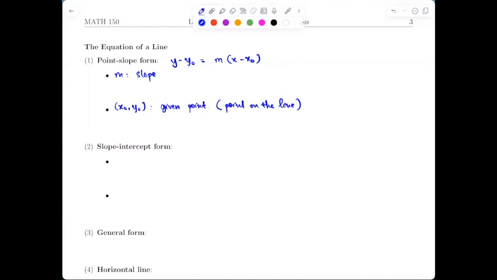So this form is very convenient for you to start, given that you have a slope and a point. Okay.